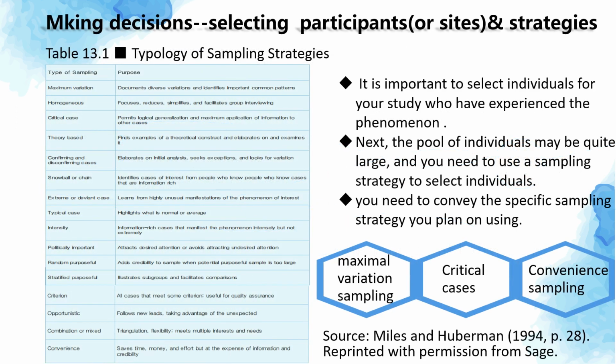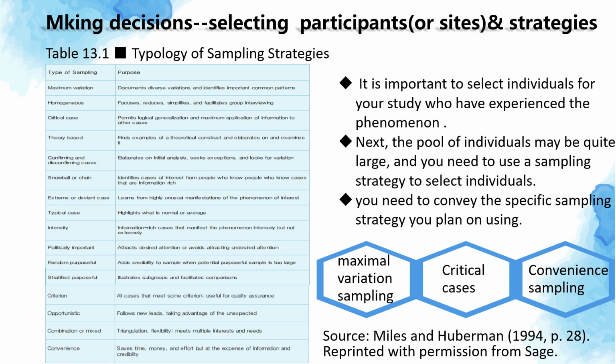It's important to select individuals for a study who have experienced the phenomenon, and the pool of individuals may be quite large. You need to use a sampling strategy to select individuals. It's not enough to simply purposely sample. You need to convey the specific sampling strategy you plan on using.